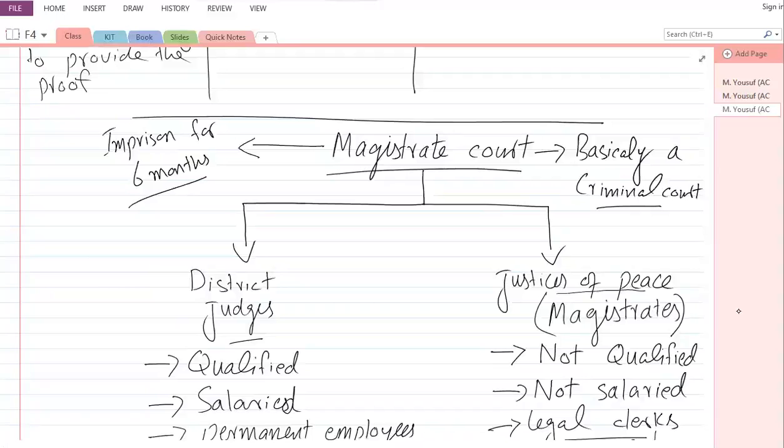So the power of magistrate court is very low, and it can only imprison a person for 6 months.